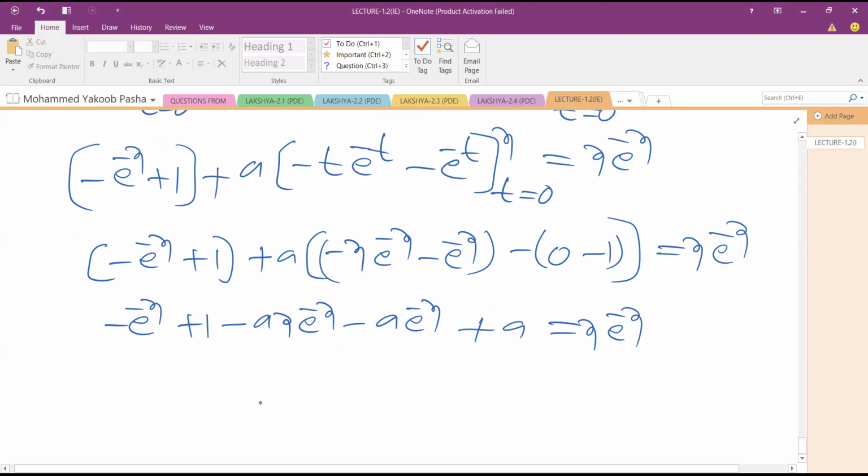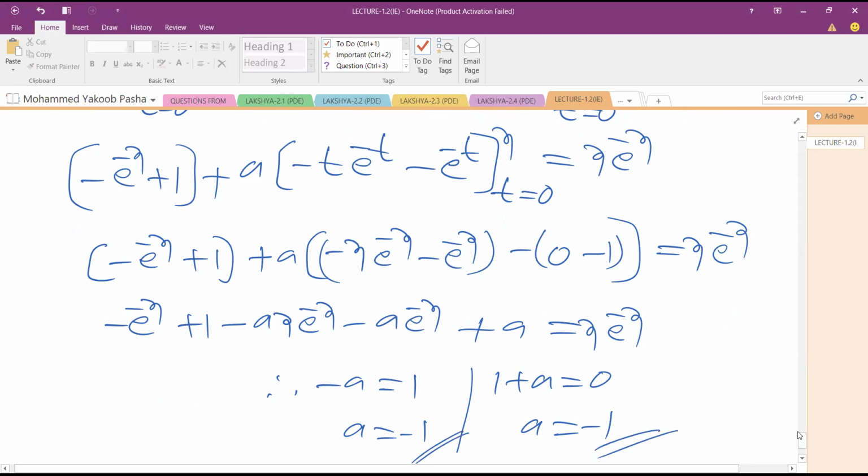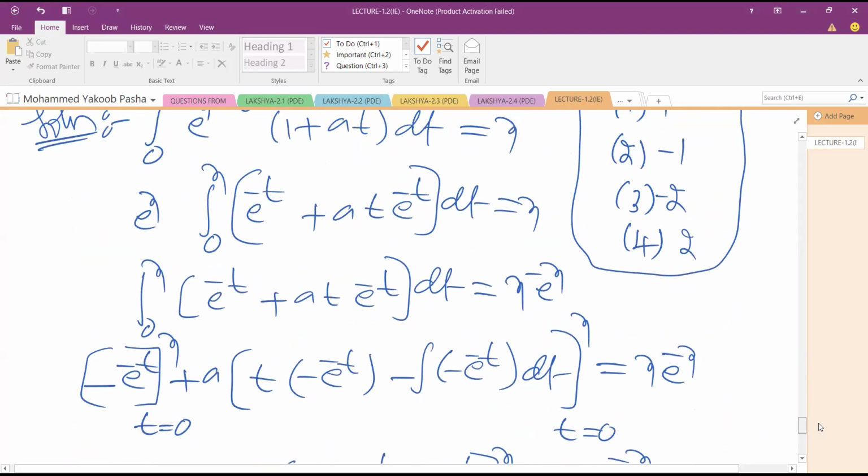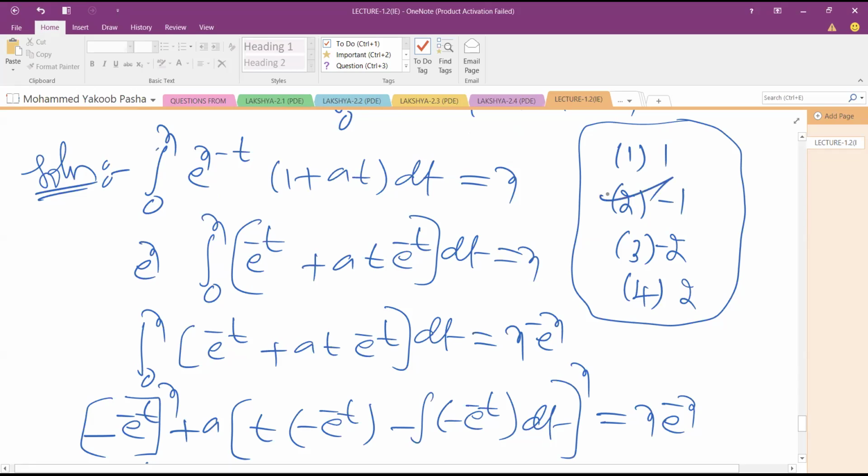X into e power minus x term, here minus a, here 1. So a is equal to minus 1. In other words, you may equate the constant term, that is 1 plus a is equal to 0. That becomes a is equal to minus 1. Similarly, that's it. Okay, a is equal to minus 1. So what is the right option? The second option is the right option.